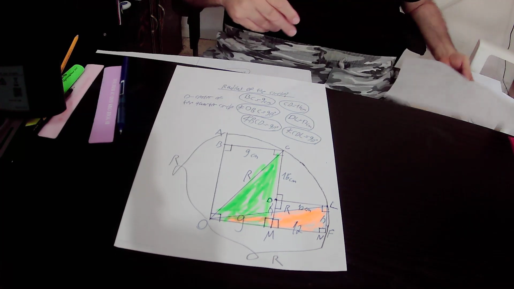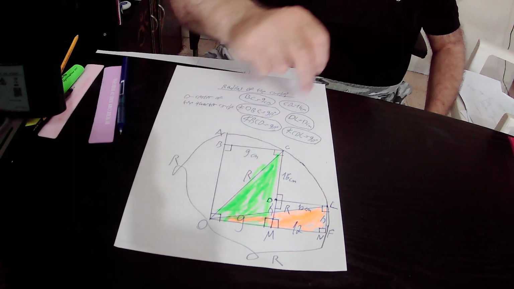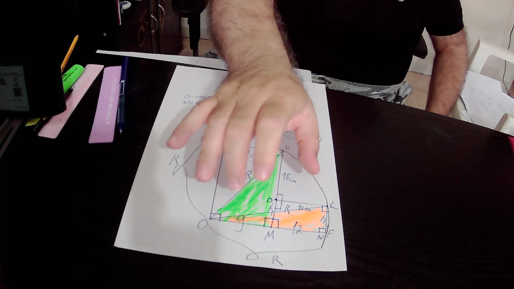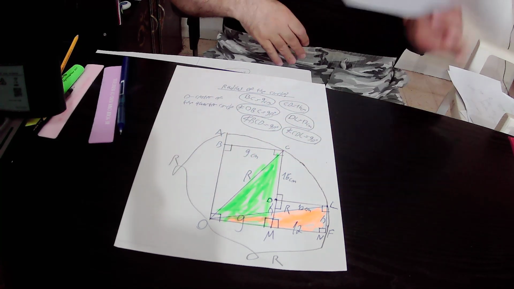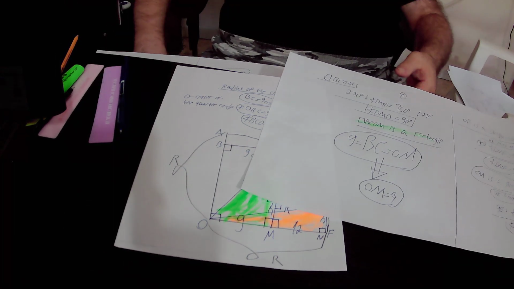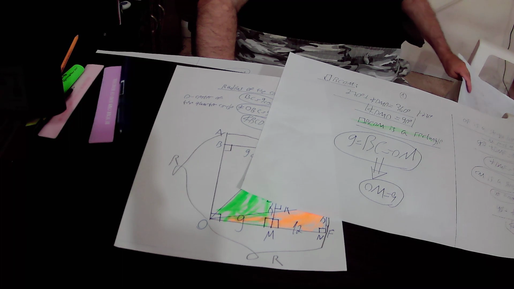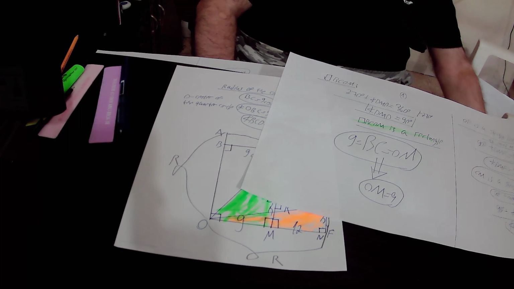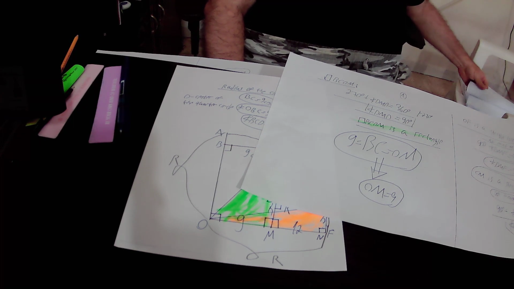Then, OF is the radius of the quarter circle, therefore it is absolutely a straight line. And we have the rule that the sum of the angles on one side of a straight line is equal to 180 degrees.